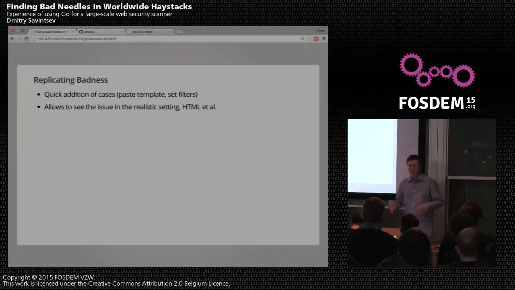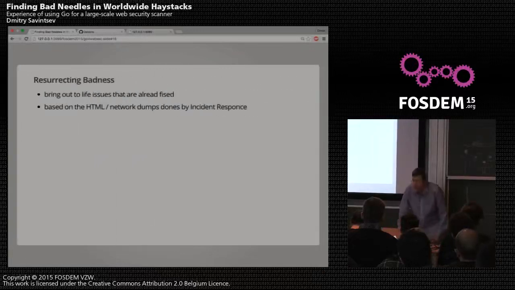If you grab the HTML from the production scan, then we have a test with the real HTML. But what I really like about this is that it can be used to resurrect badness. For example, if it's from a bug bounty program and there was an issue, our developers are sometimes very fast to fix it, before I get to it or before I wake up. Earlier I had to ask them to put the old vulnerable version on a test server so that I could check it with my scanner.